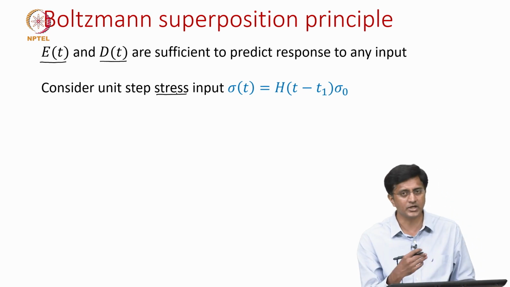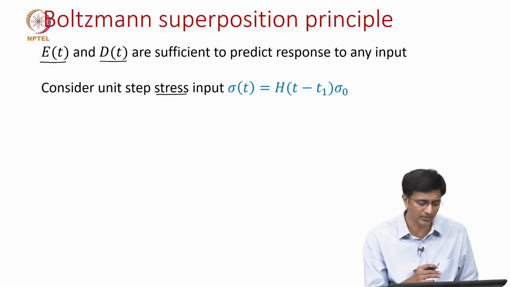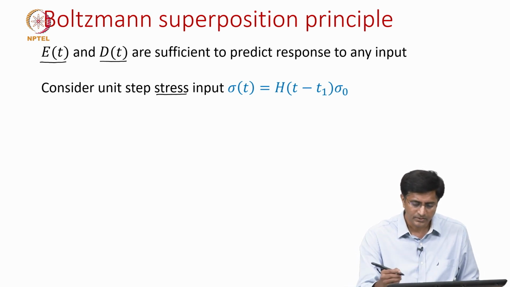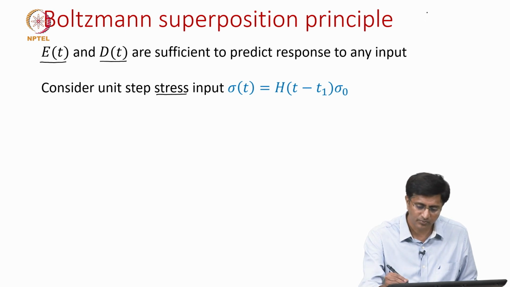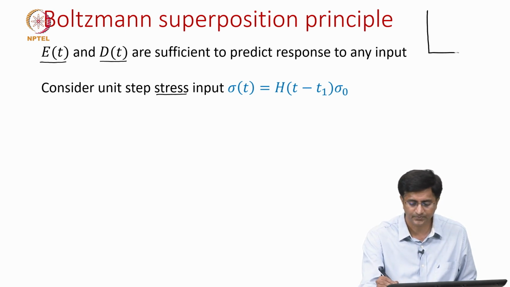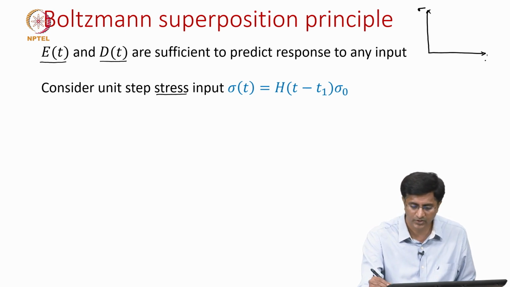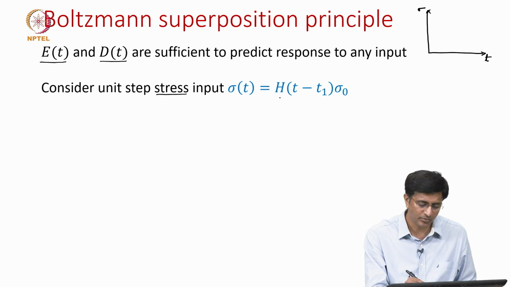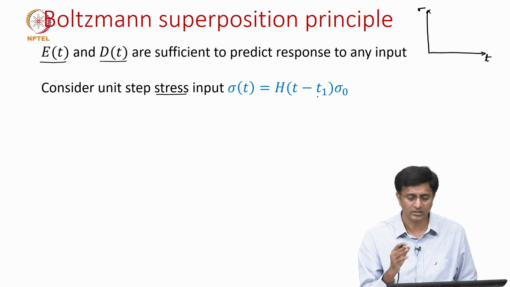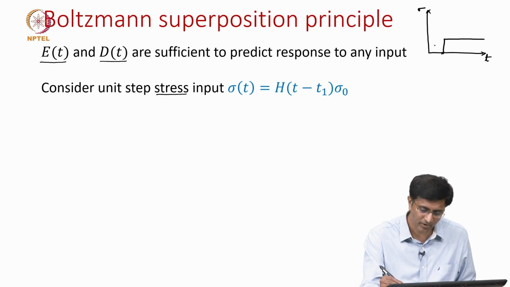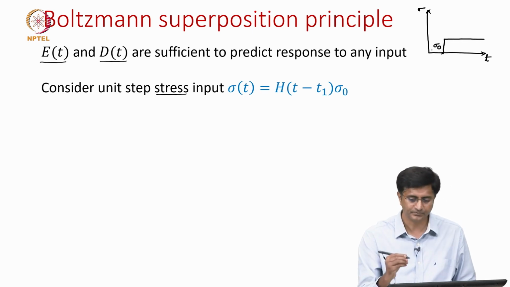We could have also started with strain input, but let us look at stress input to start with. What we have is a stress input which can be represented something like this: stress variation with time. Here we are representing it with the Heaviside function h of t minus t1, which means that the step happens at time t1, and this step is of amplitude sigma naught.